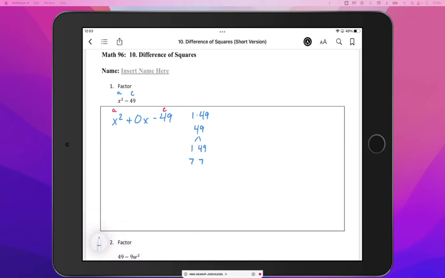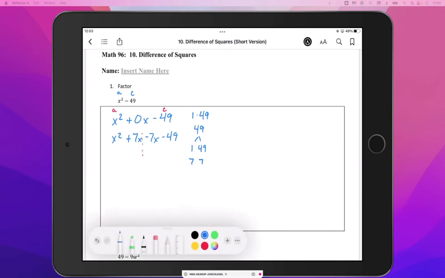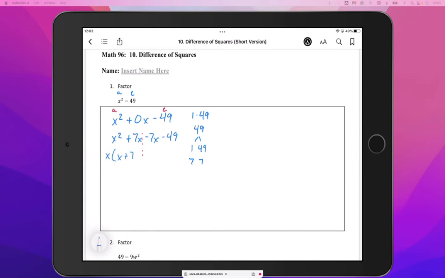So what we will do is say x squared plus 7x minus 7x minus 49, and that's going to work for us. So doing the AC method again, we separate this down the middle, and on the left I could factor out an x. I would be left with x plus 7.